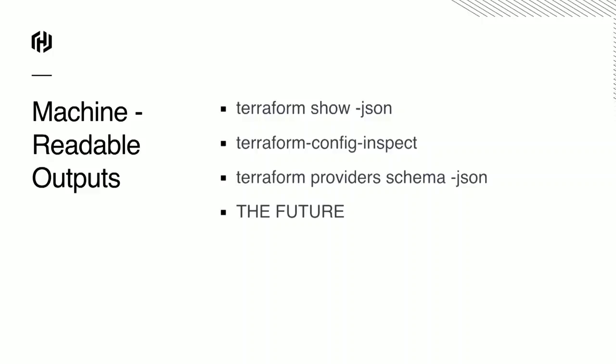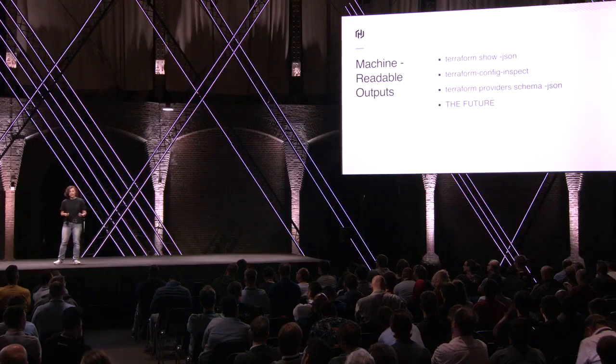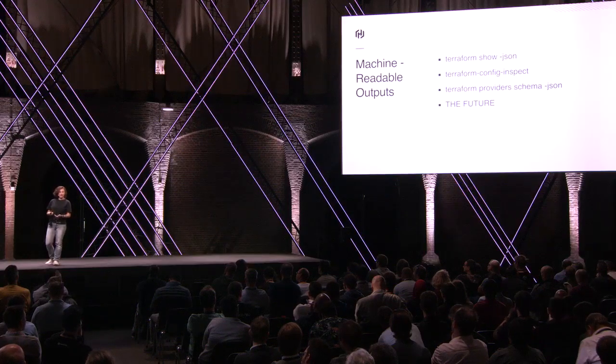There are many users doing really cool things with the output of a Terraform state or plan, and there's a really healthy ecosystem of third-party tools that are parsing Terraform plan and state file data. This is really not designed to be parsed by anything other than Terraform itself. So we've designed some machine-readable outputs to help with that.